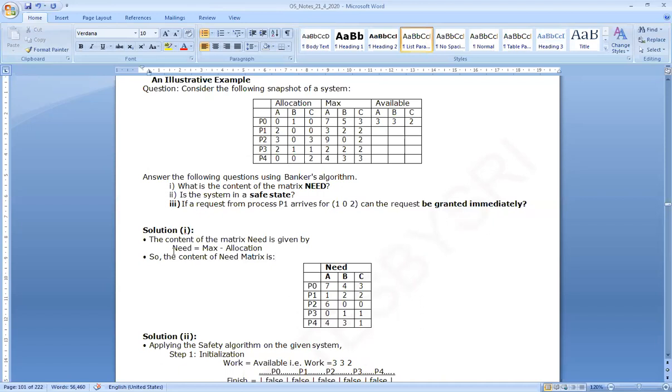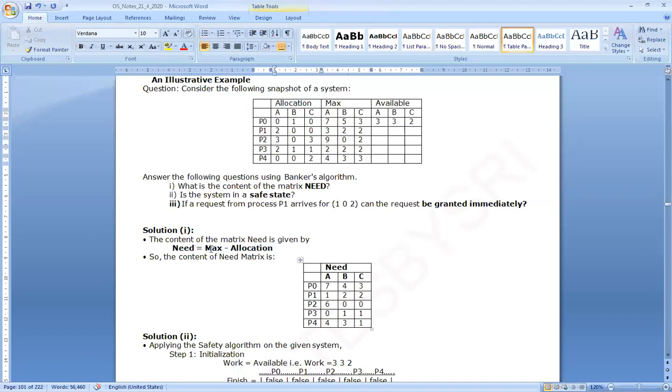Solution one, the need matrix. Need is equal to max minus allocation. This is the formula to find the need. This is my maximum and this is my allocation.